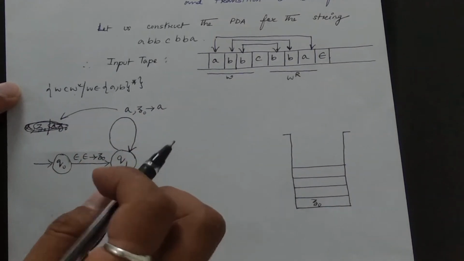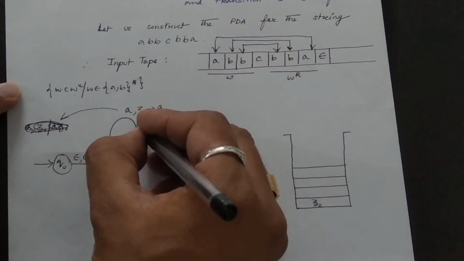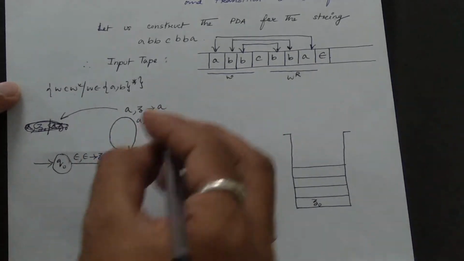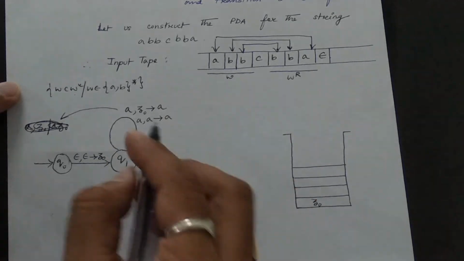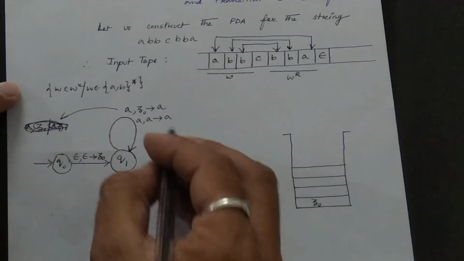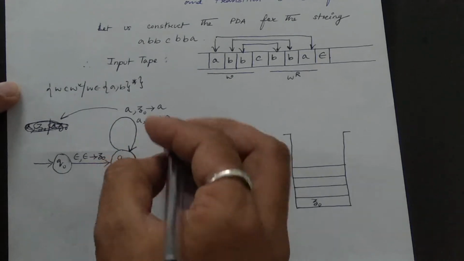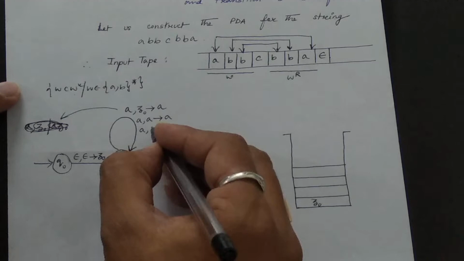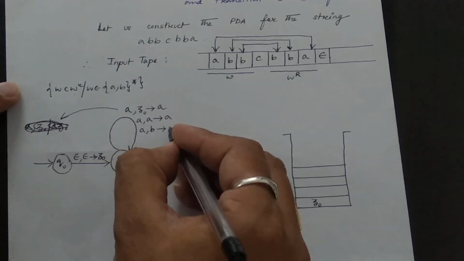Okay. Next, there might be one more case that after inserting all the A's, the top of the stack will now be A. Correct? Then what do you have to push? A. Whatever A is there, you have to push, right? Besides C, I'm working right now. Clear? And one more case may be there. If A is the element that I'm reading and earlier there might be B, then what is to be pushed?